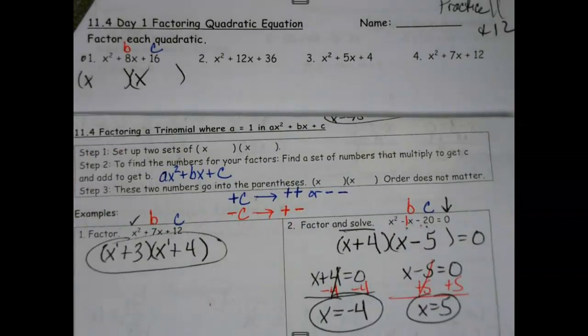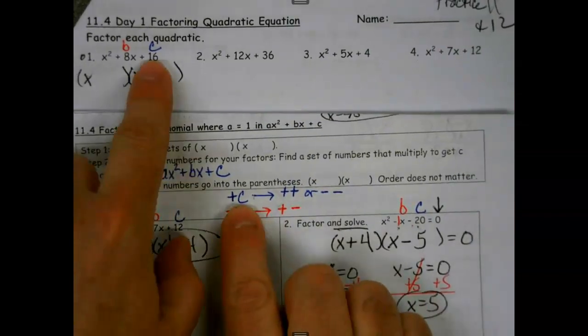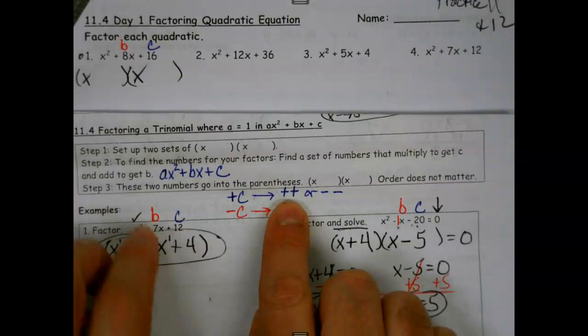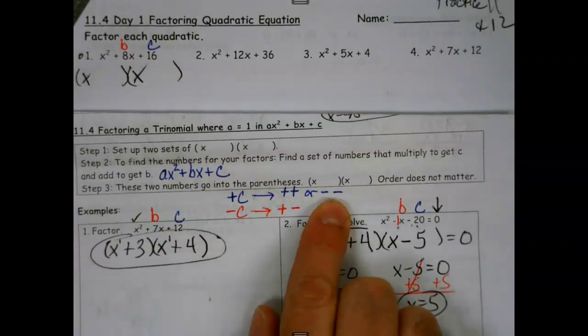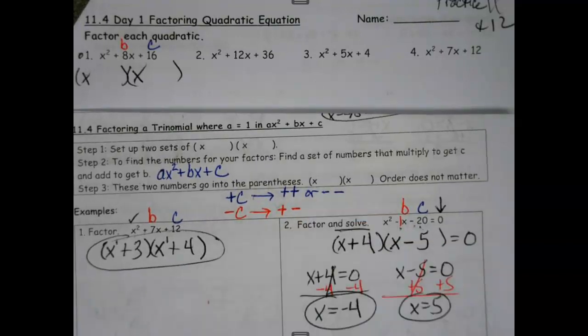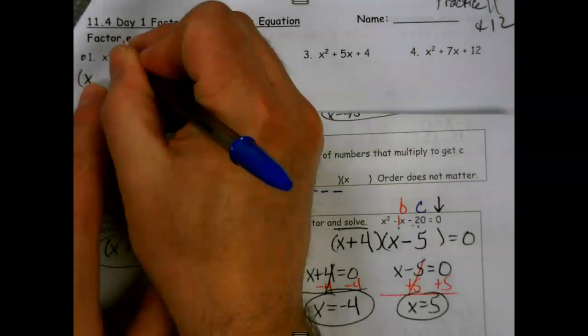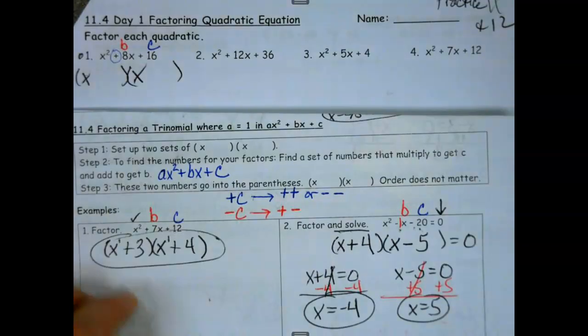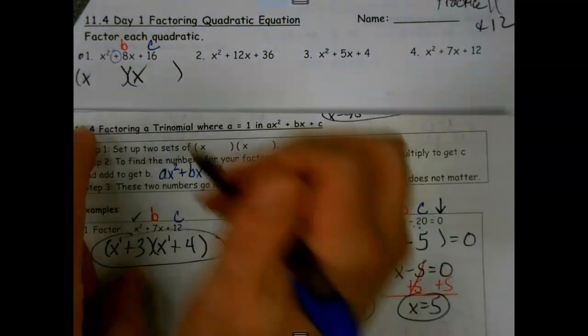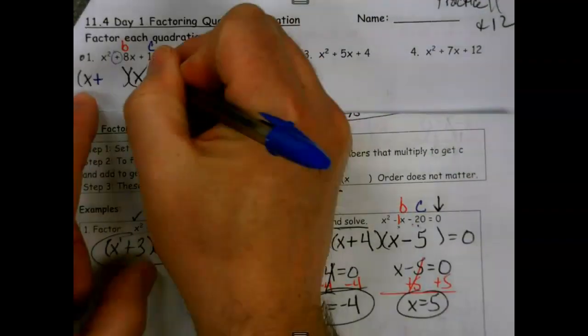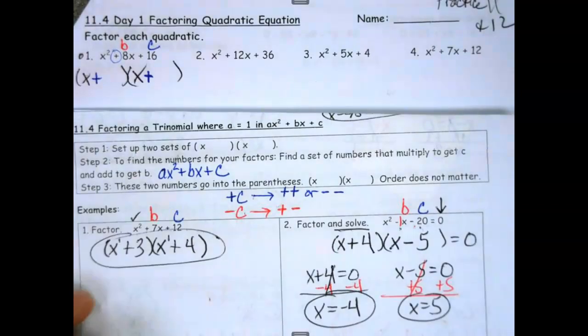Because when we were doing this part, I said, hey, if it's plus C, that's a positive. They can both be plus or they can both be minus. You're like, okay, well, how the heck am I supposed to tell? The sign in the middle will tell you. So here, since everything is plus, these are both going to be plus.